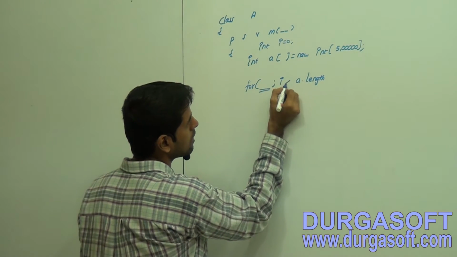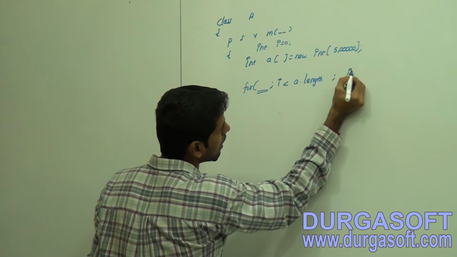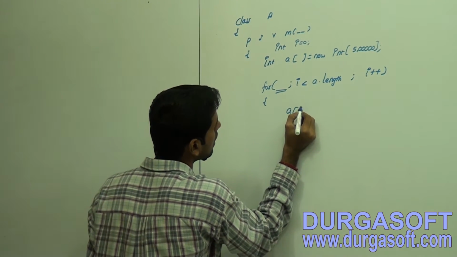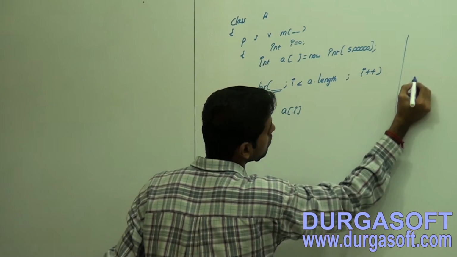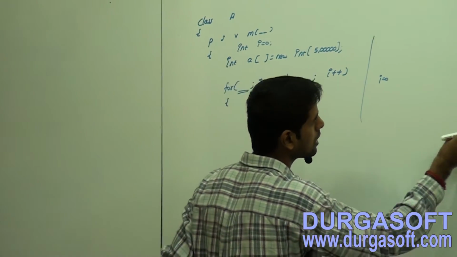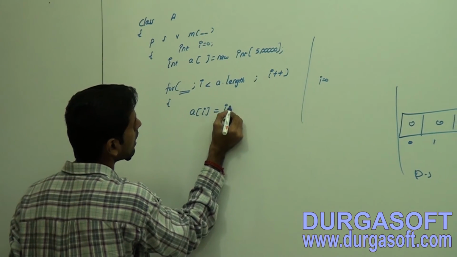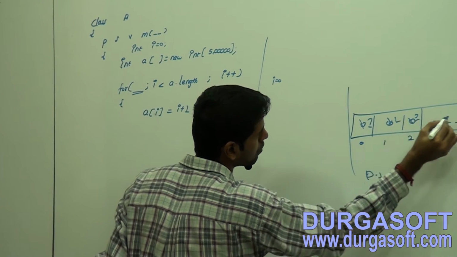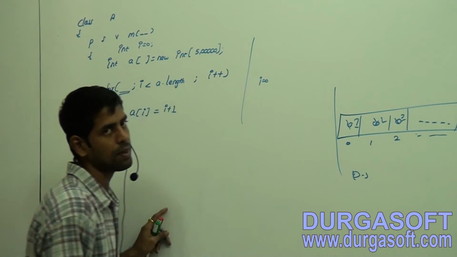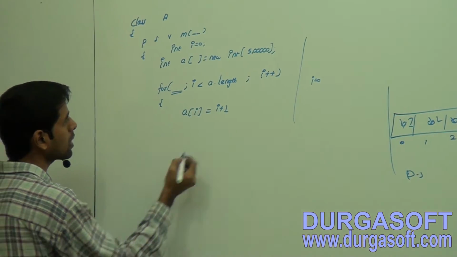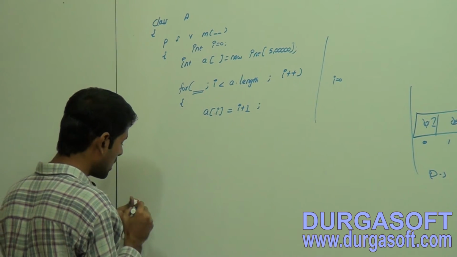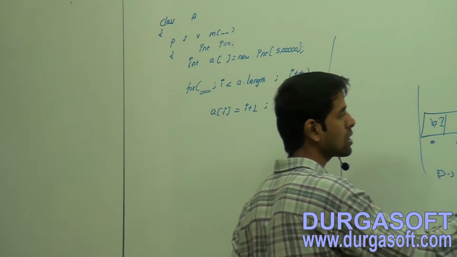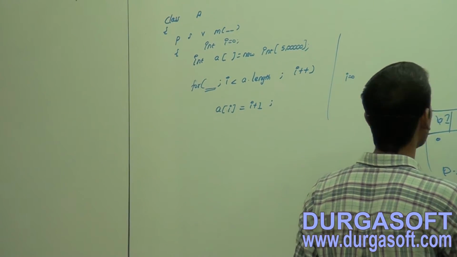Now, if i is less than a dot length and i plus plus, assign the value for a of i. Currently the value of i is 0. At the 0th index, assign the value as i plus 1. Put 1 here, 2 here, like 3, 4, 5, 6, till 5 lakhs. Let us do this action till the last index. What will it be at the last index?